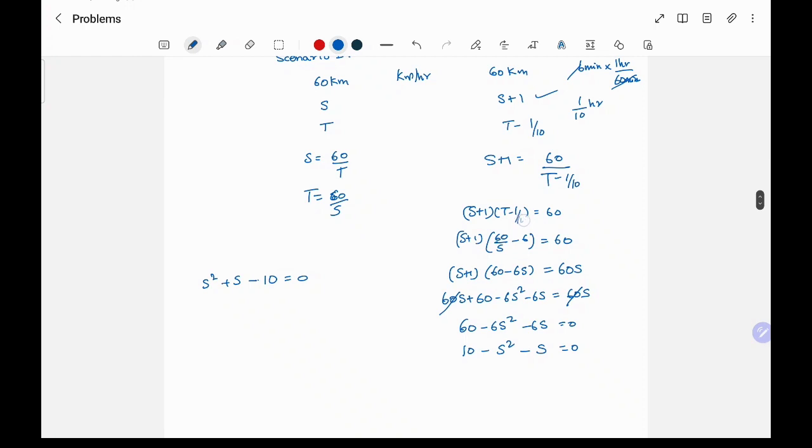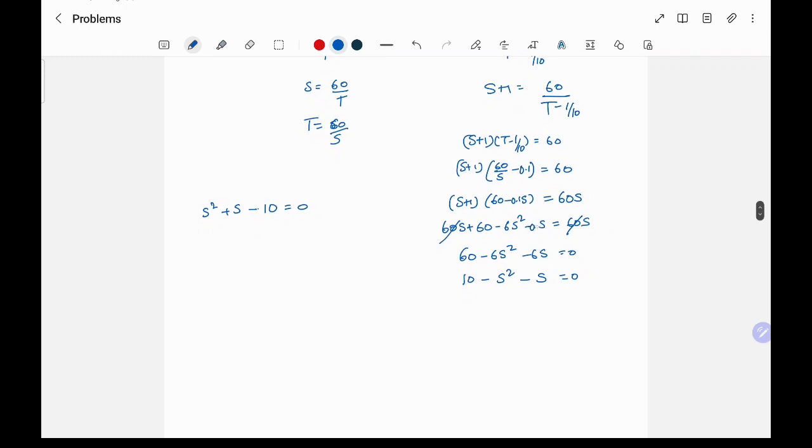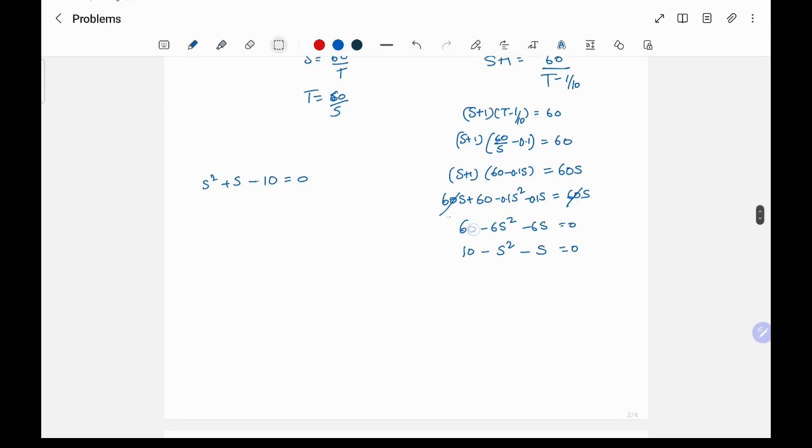Now let's change it. Let's call it 0.1, okay? So we'll have 0.1s here, and here also we'll have 0.1s, and 0.1s square. So after this we'll have 60 minus 0.1s square minus 0.1s equal to 0. So now we'll have s square plus s minus 600 equal to 0.